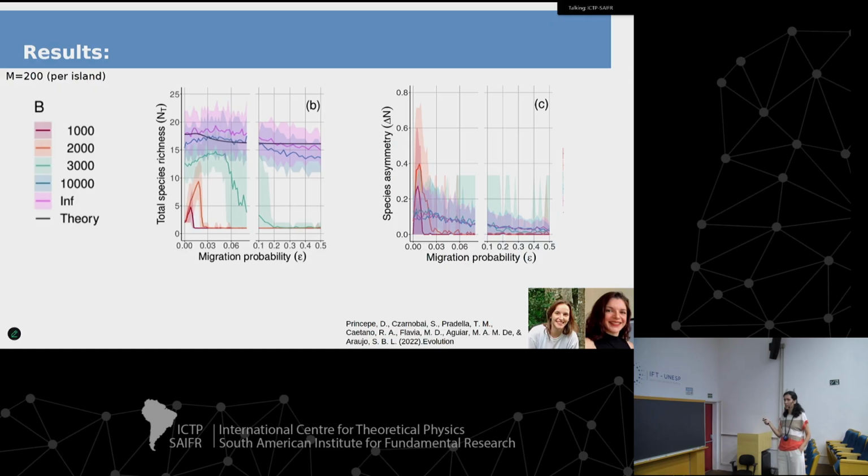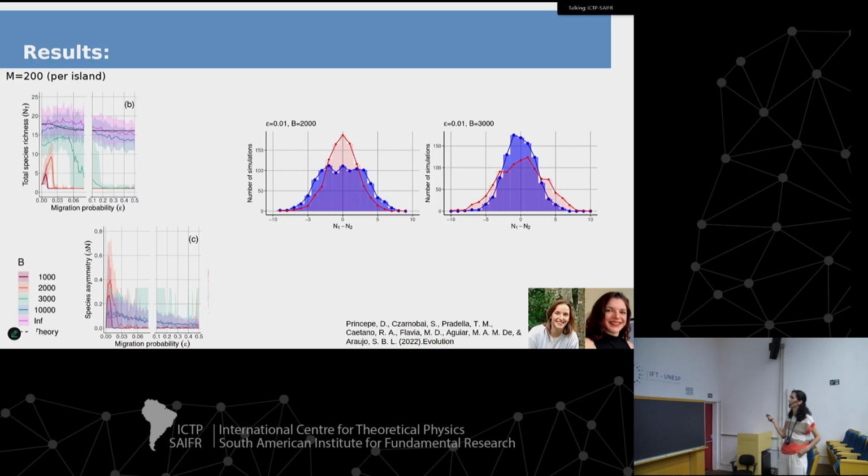We could say, oh, but this is just random, so we tested the distribution, what we would expect if it is just by random. The red one is just by random, and the blue one here, this plateau here, is the situation that we have from the model.